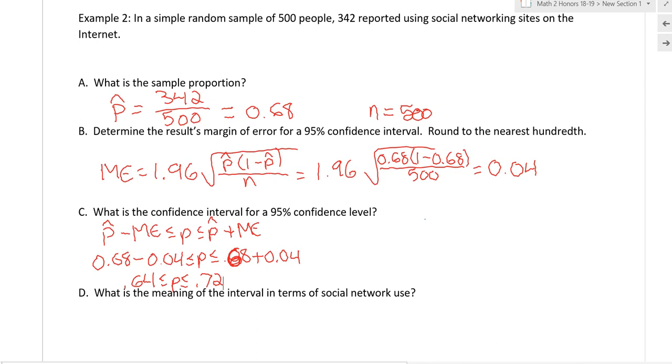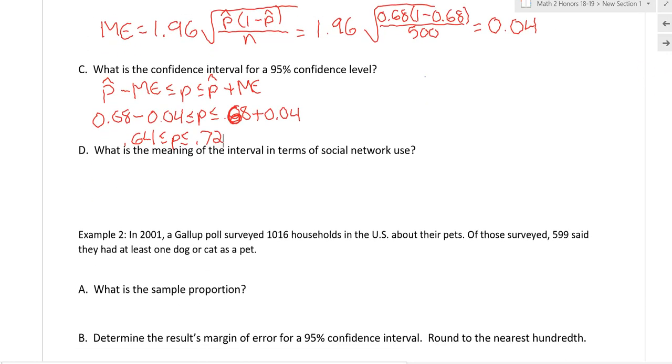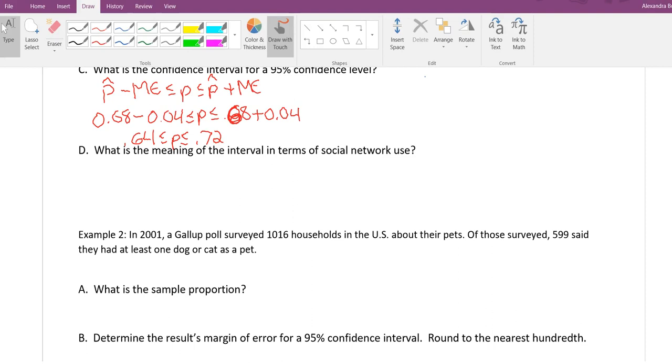So this was asking if people use social networking sites on the internet. So for my confidence interval for this one, what is the meaning of the interval in terms of social network use?